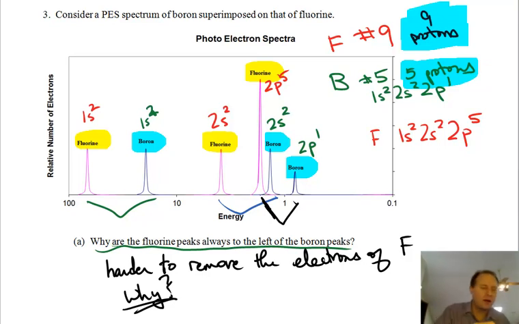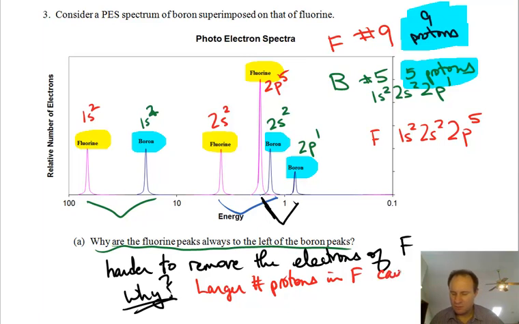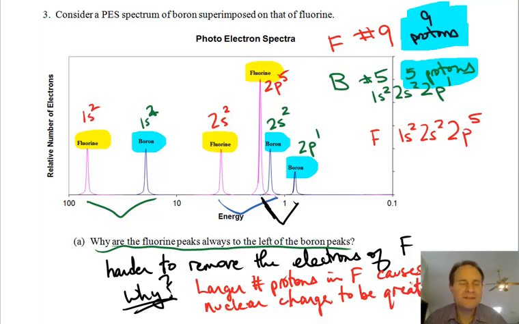And so the larger number of protons in fluorine causes the charge on the nucleus, what they call the nuclear charge, to be greater. It holds the electrons physically closer to that nucleus.